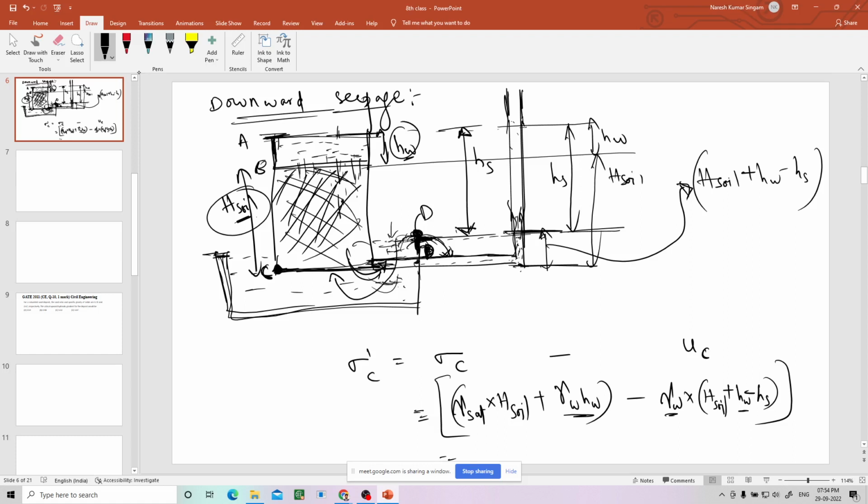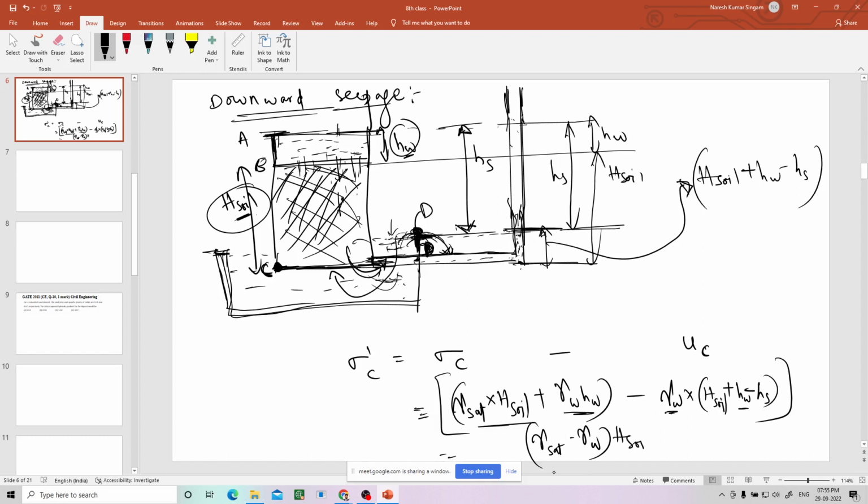Now gamma sat into H soil, gamma W into H soil. So I can write this as gamma sat minus gamma W into H soil, and this gets cancelled, and the extra minus into minus becomes plus gamma W into HS.